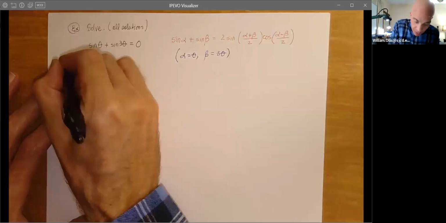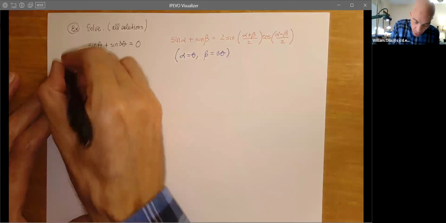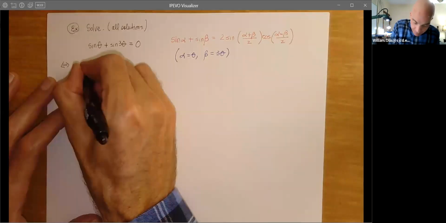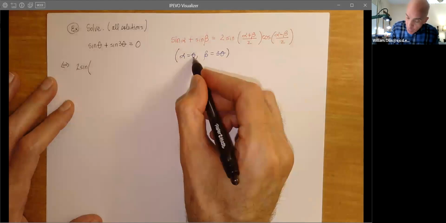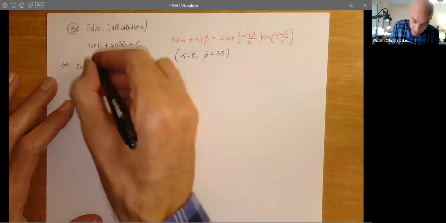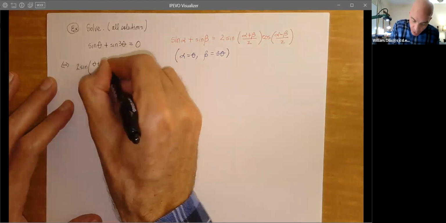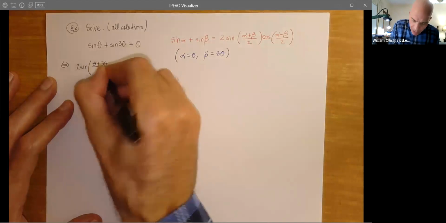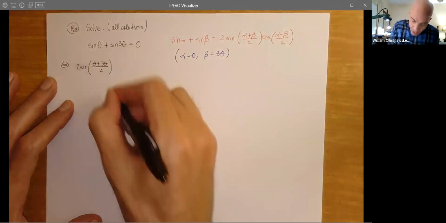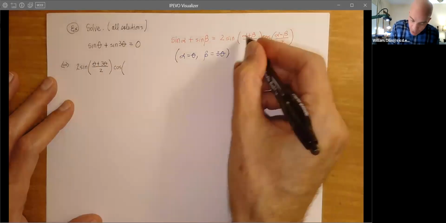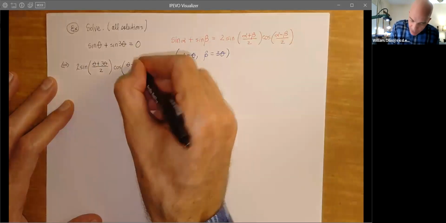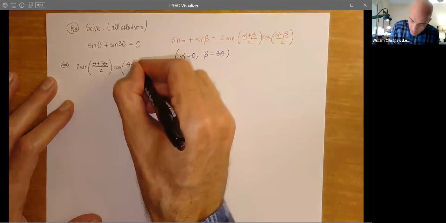So if and only if we have 2 sine, and so we have theta plus 3 theta, I'll just write it out, divided by 2. You can do this in your head, but it's good to write it out. And then cosine theta minus 3 theta. Again, we're going to get a negative that will just absorb.